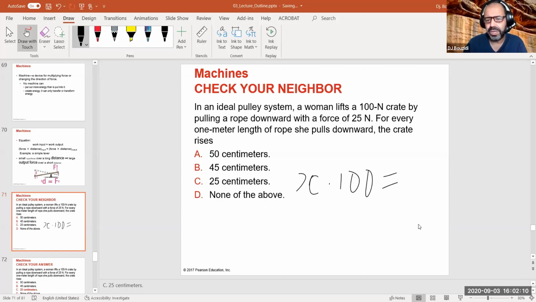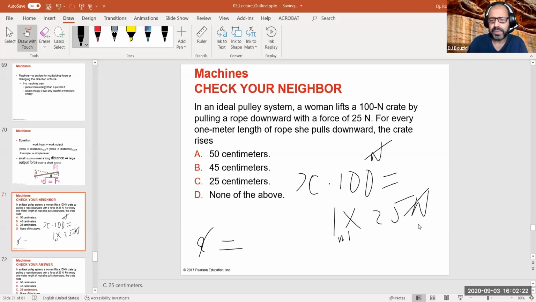And she uses 1 meter of rope, and she can only have 25 Newtons. So cancel the Newton with the Newton, and this is meter, of course. So X should be, from this algebra, 25 times 1 divided by 100, which is 0.25 meters, or the correct answer is C.